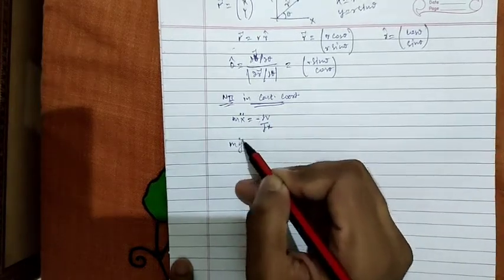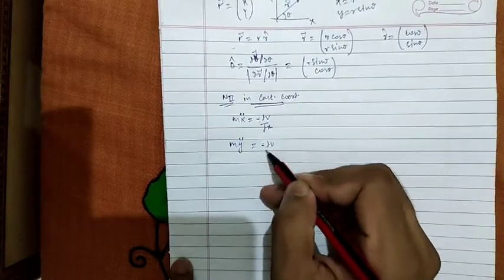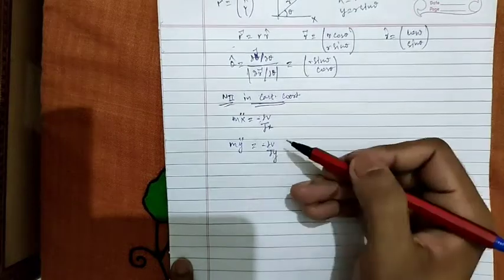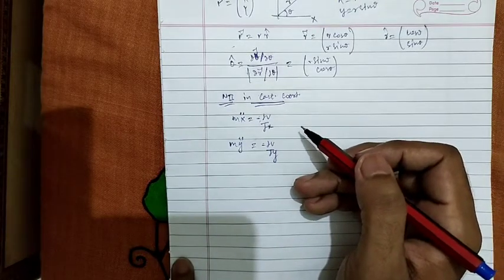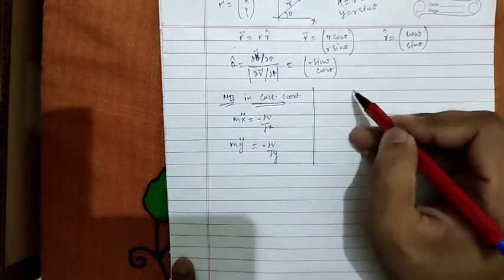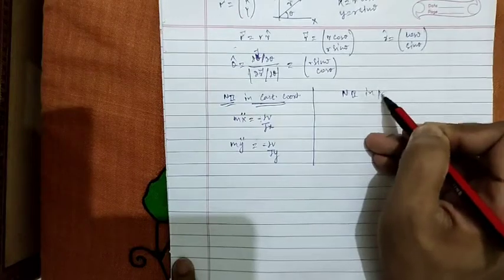And the same for the acceleration along the y-axis: m y double dot equals minus dV over dy. We also have potential. So our main problem arises when we move to Newton's second law in polar coordinates.